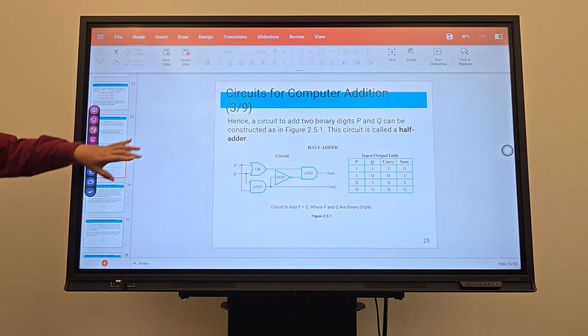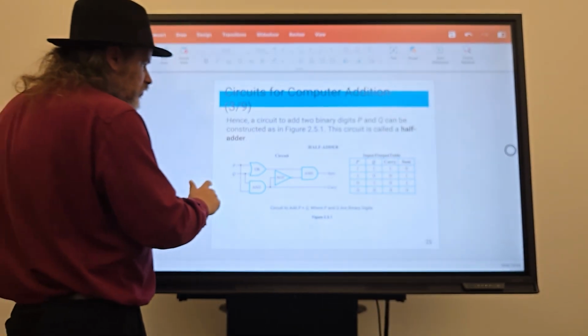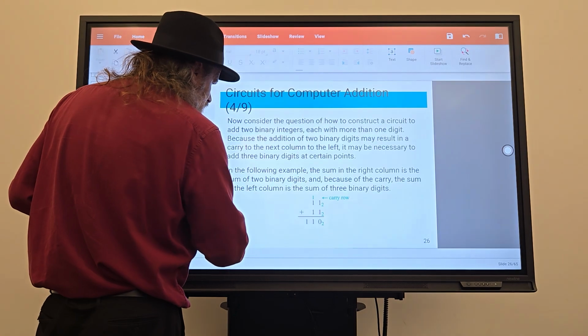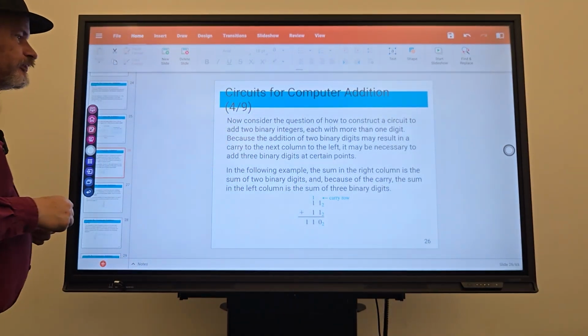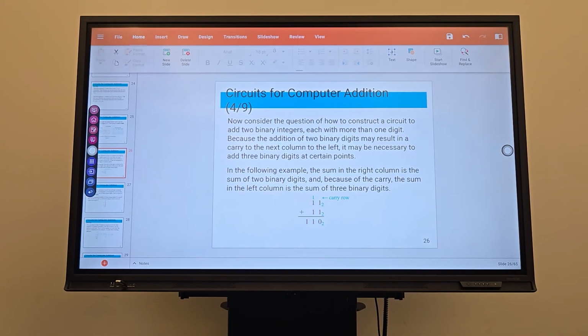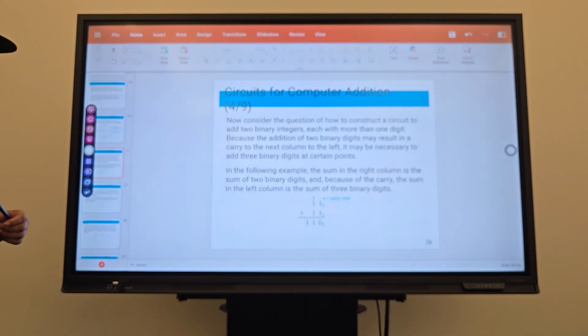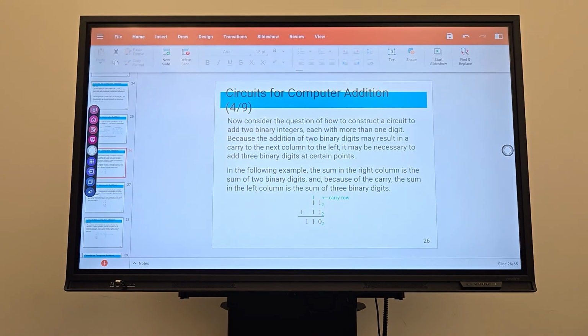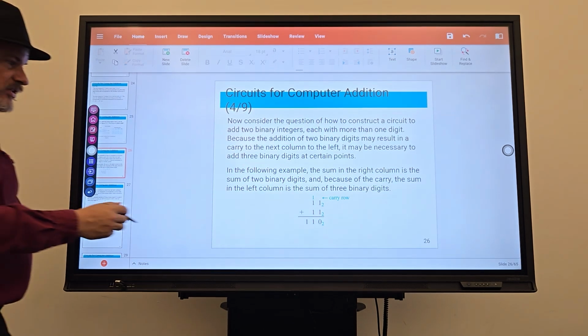That's just one way of implementing what's called a half adder. Because what do you do with the carry? If you have two binary digits, you have to take into account the carry of the first digit into the second digit, like in this case here.